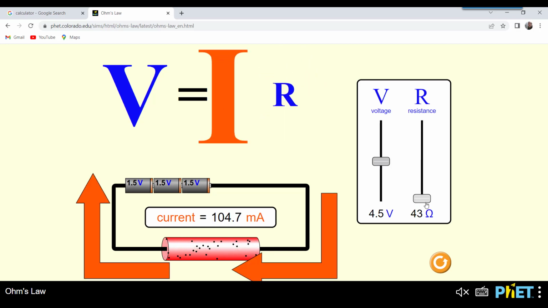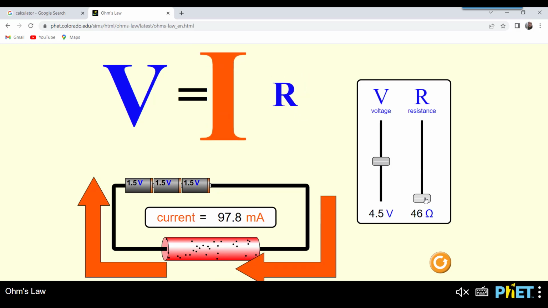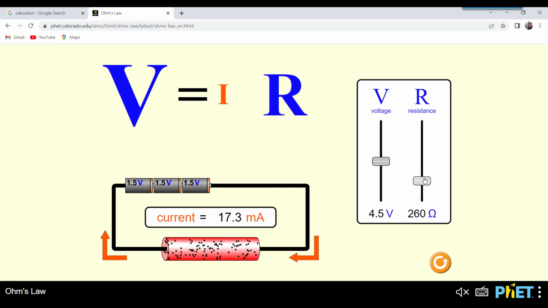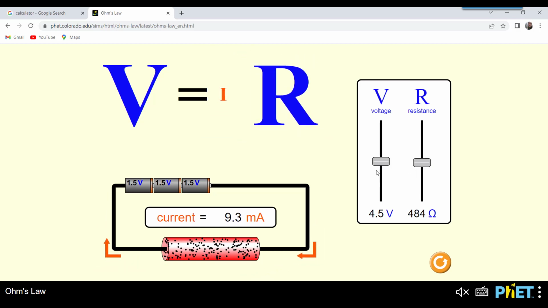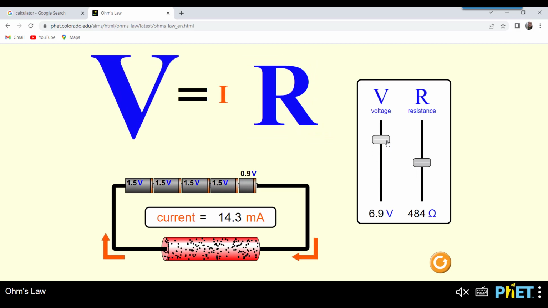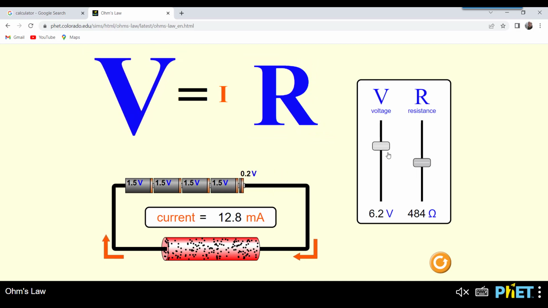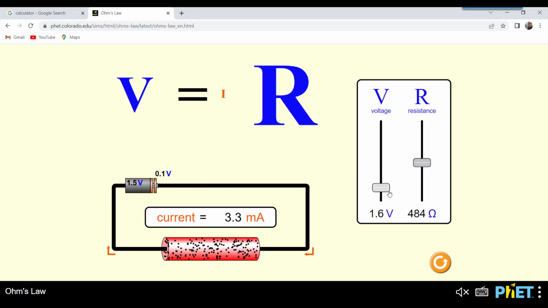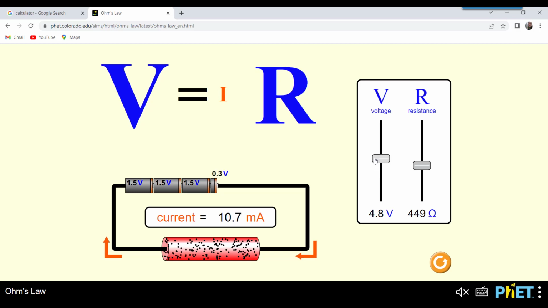What we're looking at is the lower our resistance, the higher your current is going to be. Higher the current, lower resistance. And if we go over here to voltage, higher voltage, our current goes up, lower voltage, current goes down. I just thought it'd be a cool thing to show, so you can understand how some of these relationships are. And that's all I have for Ohm's law.